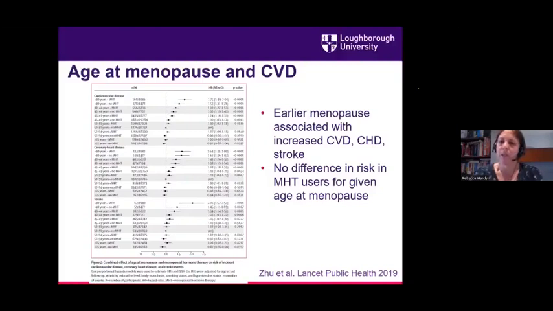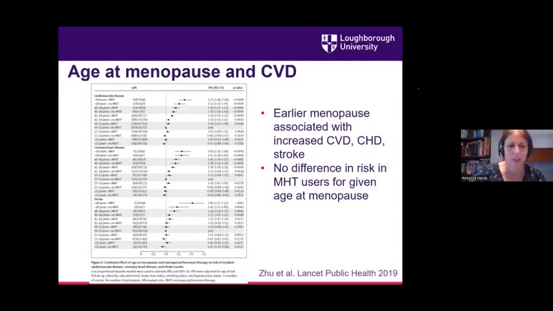It's called the Interlace Consortium, and it's about 12, 15 longitudinal studies all around the world that are brought together and pooled to try to get definitive answers on some of these questions. But here, because it's observational, we can't randomize women to have an earlier or a later menopause. We have to rely on observational data, but it means we have to adjust for all these prior risk factors that might be influencing timing of menopause and cardiovascular disease.